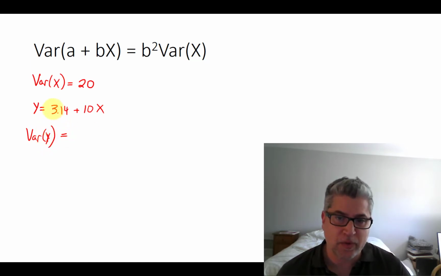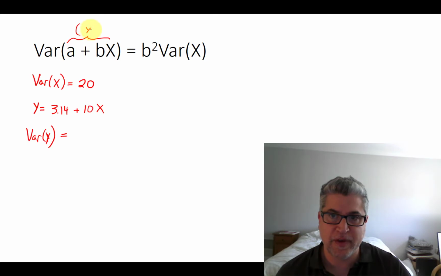Well, we know that we can ignore anything that we've added, because a doesn't show up at all over here. So the variance of y, this guy here is y, is just the square of what we multiplied times the original variance. Or in other words, 100 times the variance of x.